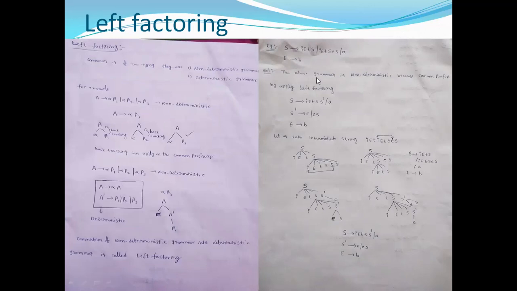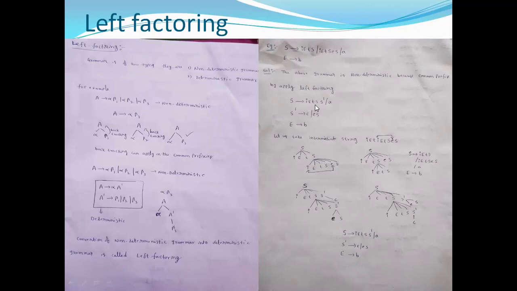The above grammar is non-deterministic because of the common prefix: if expression then statement. Both productions share it in this grammar. So by applying left factoring, this is the correct way: S produces i E t S, which is common to these two productions.